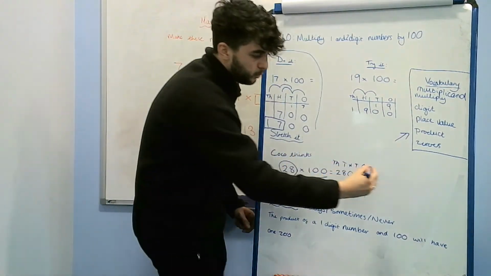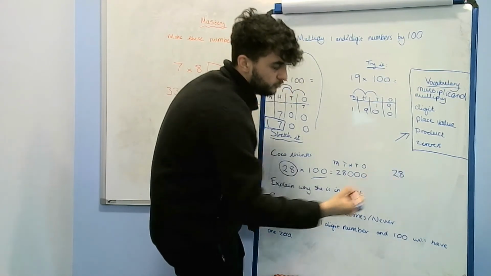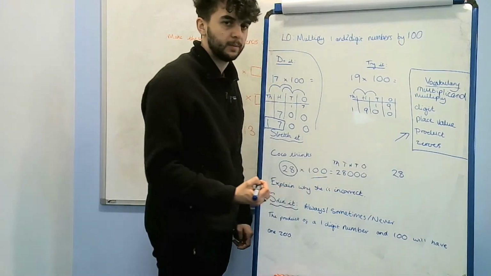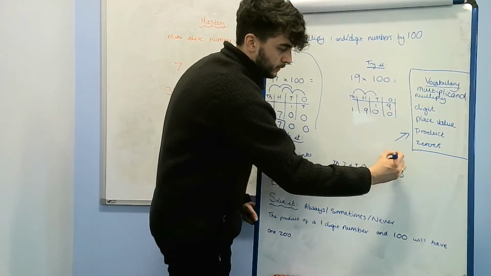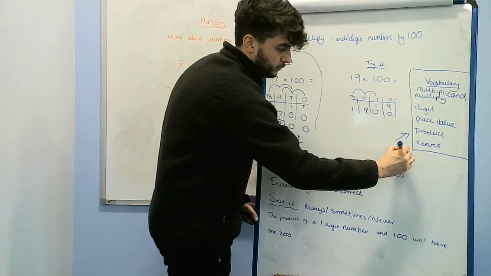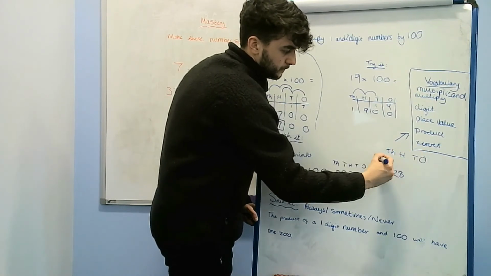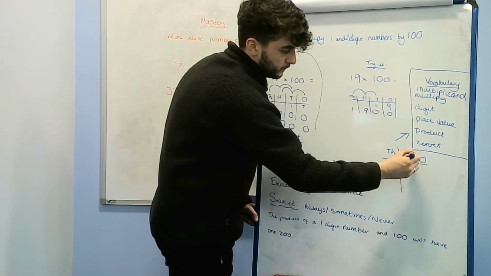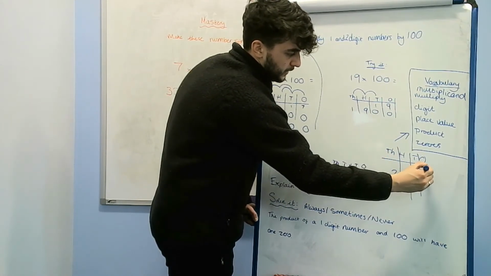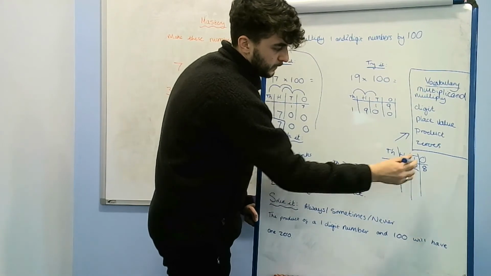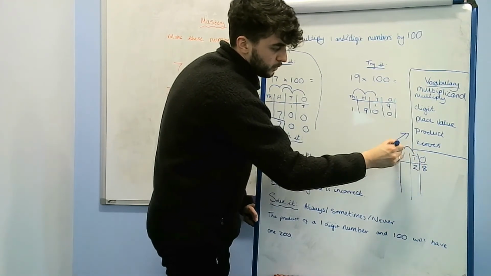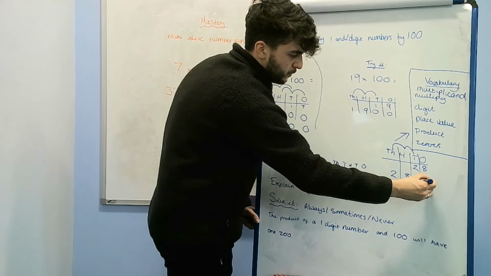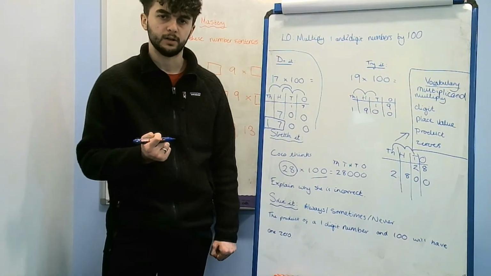If I was to make 28 100 times bigger, okay, I've moved it twice across the place value chart. So my thousands, hundreds, tens, and ones. If I was to move that 2 places across, so here's my 28, 1, 2 places. I'm then in the thousands column. My answer would be 2,800.